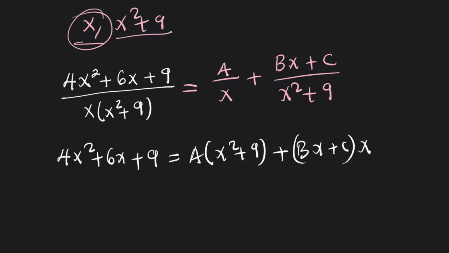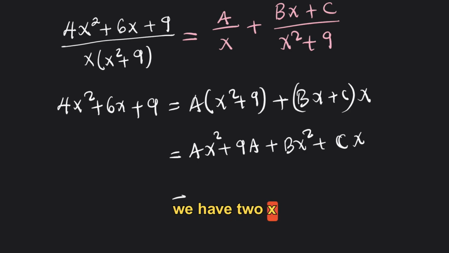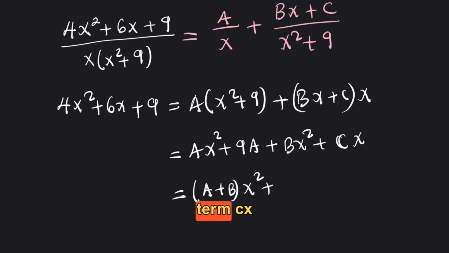Now here I'm not going to use try and guess, I'm going to do the expansion. If we expand on the right hand side, we can factor out x squared and write this as A plus B, then I put the x squared outside, plus I write the linear term Cx, then plus 9A.